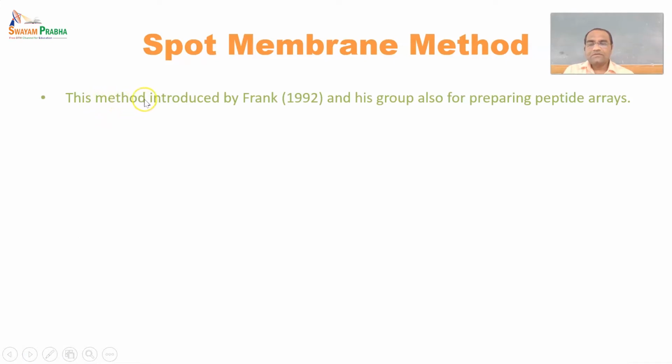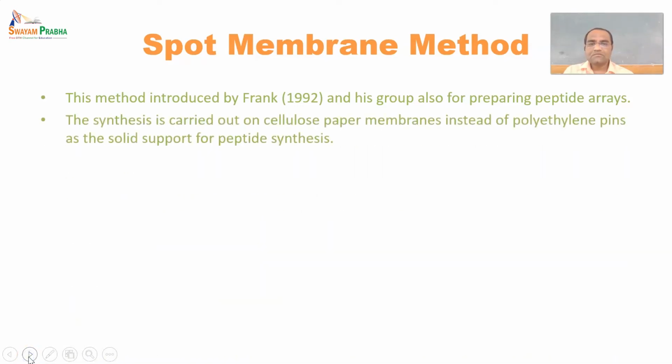It was introduced by Frank and his group in 1992 for preparing peptide arrays. All these three methods of parallel synthesis were developed after the 1980s almost. The synthesis is carried out on a cellulose paper membrane instead of polyethylene pins as the solid support for peptide synthesis.